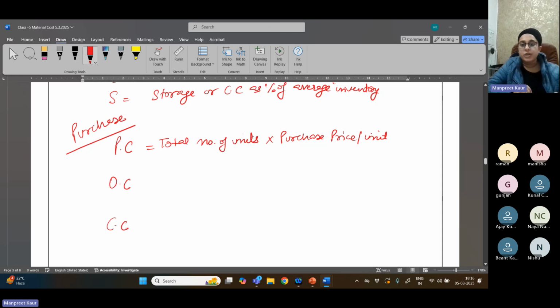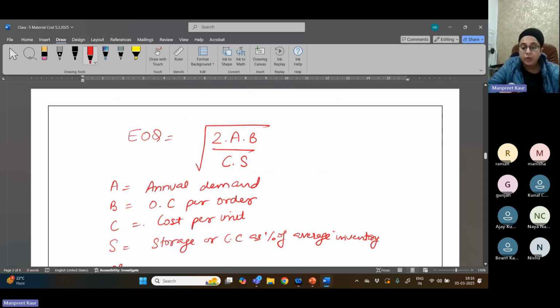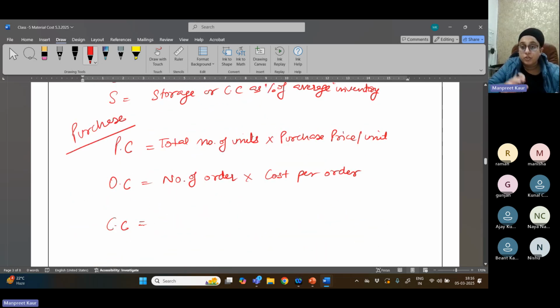Ordering cost formula is number of orders multiplied by cost per order.